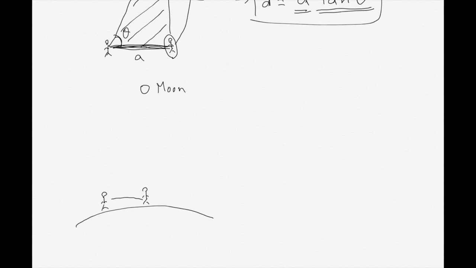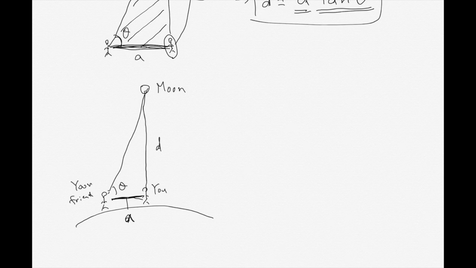Then we can walk on the surface of the Earth, so we can measure this distance of the base A. And then you might find the moon just over your head, and your friend finds the moon in this direction, theta.